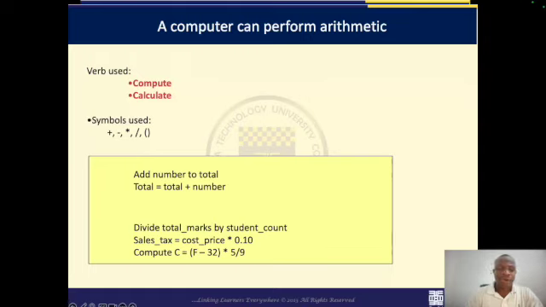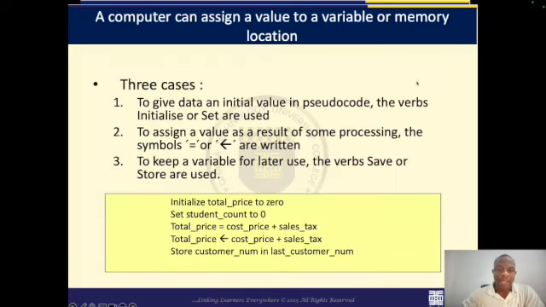We also know that you can assign a value in computing. And so how do you do this using pseudocode? When you want to assign a value to a variable in your algorithms using pseudocode, you can either use the keyword initialize.